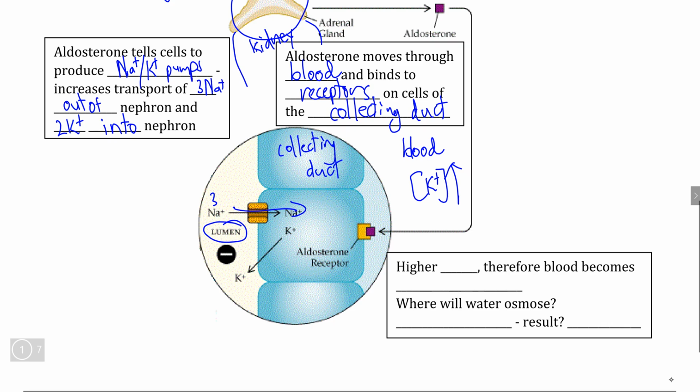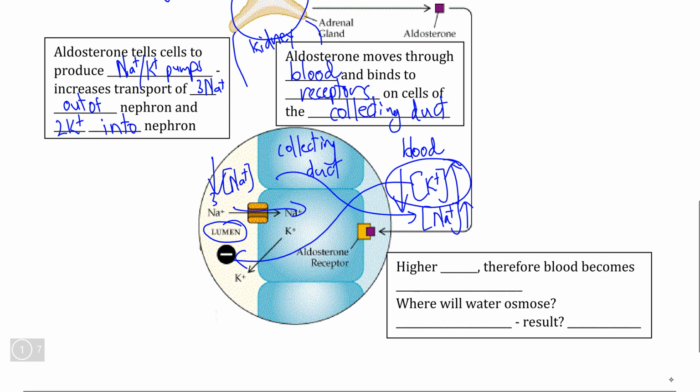So the result of this is that the concentration of potassium in our blood is going to decrease as it gets transported from the blood into the nephron, while simultaneously the concentration of sodium inside of the collecting duct is going to decrease, resulting in a concentration of sodium increase within the blood.